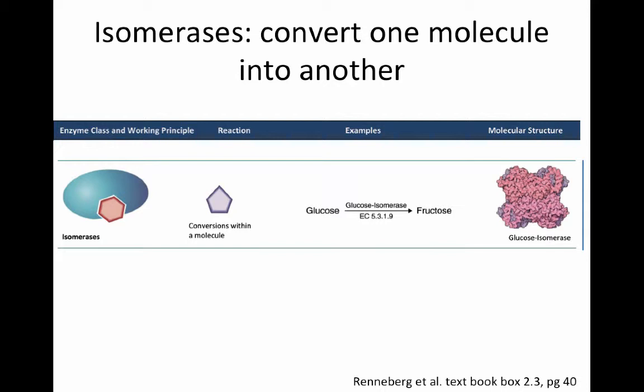In this case, we're using an isomerase, a glucose isomerase, to convert glucose into fructose. And this is represented by the 6-ringed carbon representing glucose, which is converted in this enzyme to the product of fructose, which has 5 carbons in its ring and 2 side carbons.